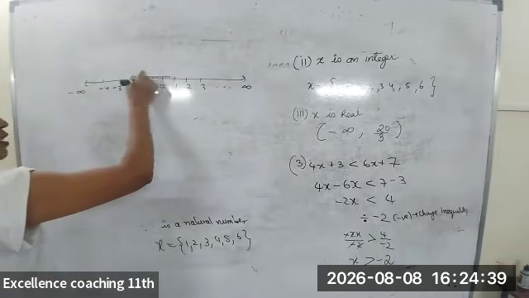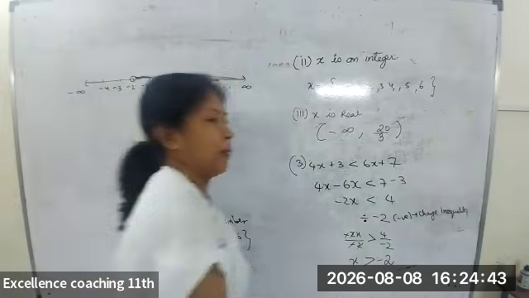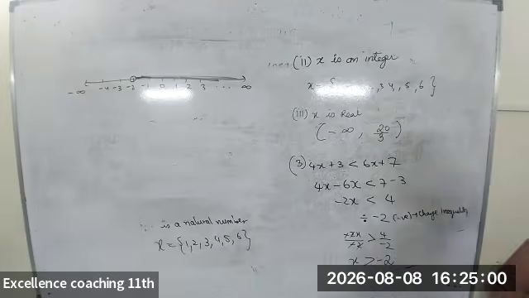Greater means always this side. Open circle, and then now write all the natural numbers which are there on that line.